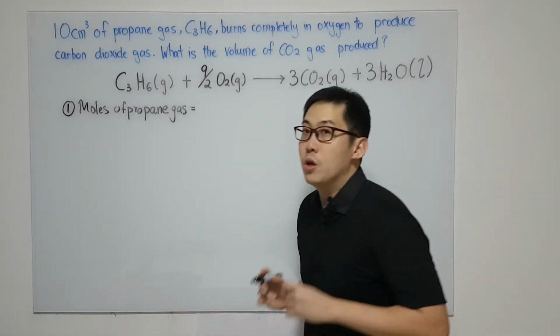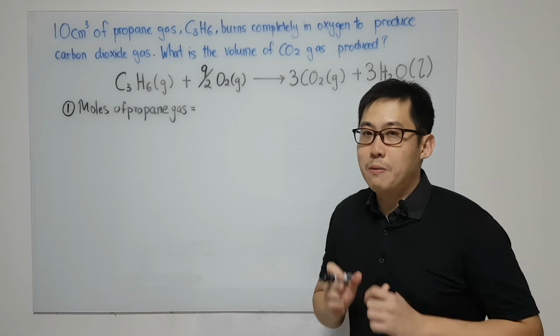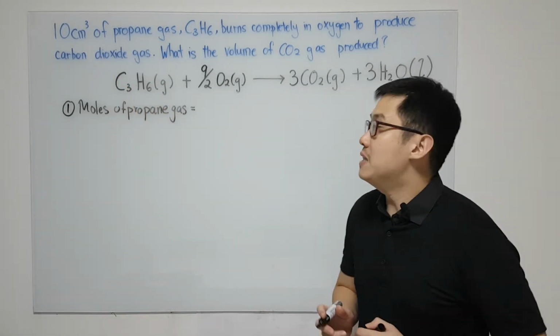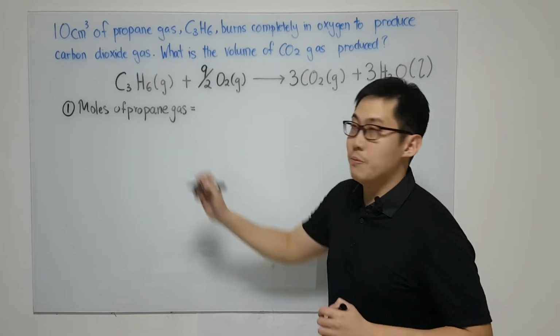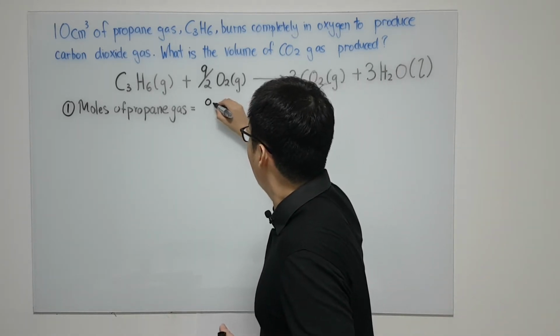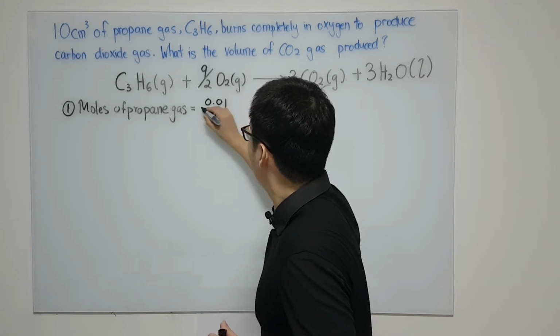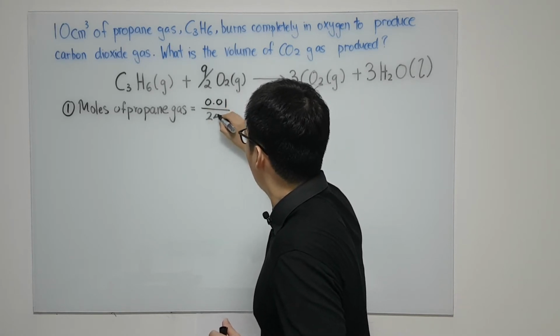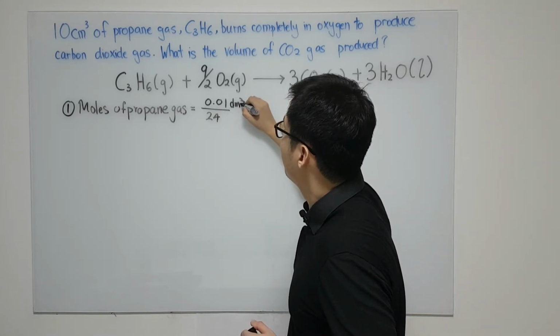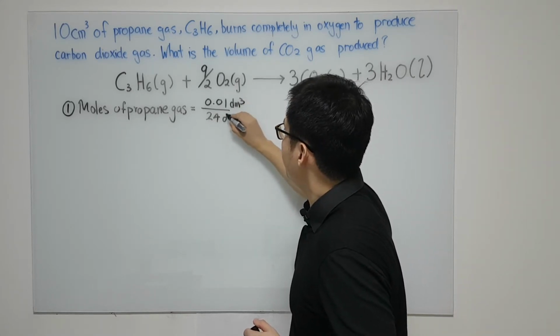As you all know, moles of gas can be found by taking the volume divided by 24 dm cube. So in this case, in order to find the moles of propane gas, we take 0.01 divided by 24. This is dm cube, and this is dm cube as well.